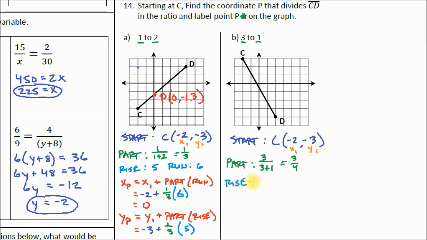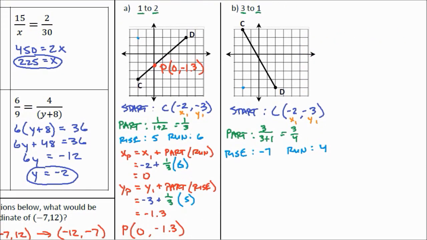Our rise, well now class, we always have to start from our starting point. So now we're going down. 1, 2, 3, 4, 5, 6, 7. Negative 7 is our rise, because we're moving down instead of up. And then our run, well, that still looks positive. 1, 2, 3, 4. So there's our rise, and there is our run.